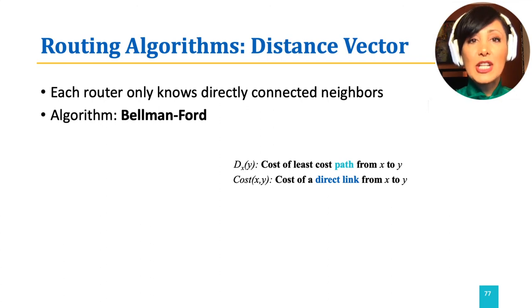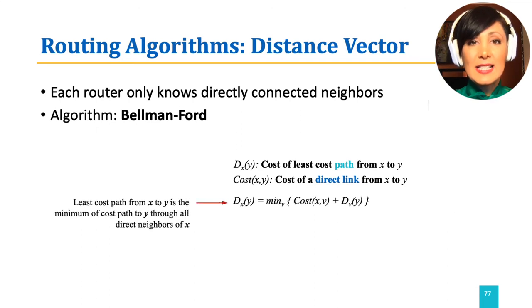Given these notations, the Bellman-Ford equation says dx(Y), the element Y of the distance vector, is the minimum over all neighbors V of X, of the cost of the link from X to V, plus the cost of the path from that neighbor V to Y. We compute this value for each of the neighbors on each update iteration and propagate the distance vector to all of its neighbors.